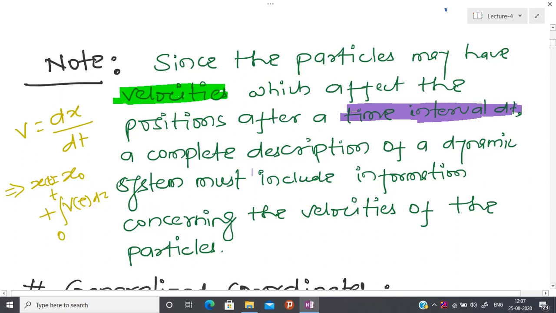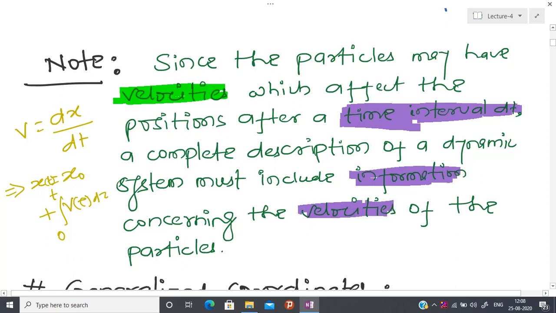And due to that reason, for a complete description of any system, suppose I have to specify the position of some object, then equally I have to give information of the position as well as the velocity. So both are very much important.